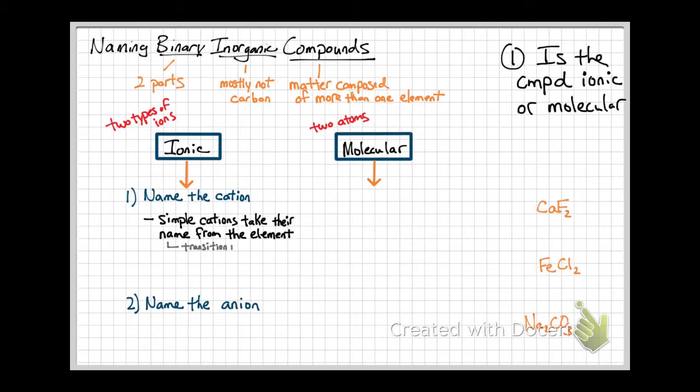However, for transition metals, the cations get a little bit extra designation. The cation name is followed by a Roman numeral to indicate the charge.